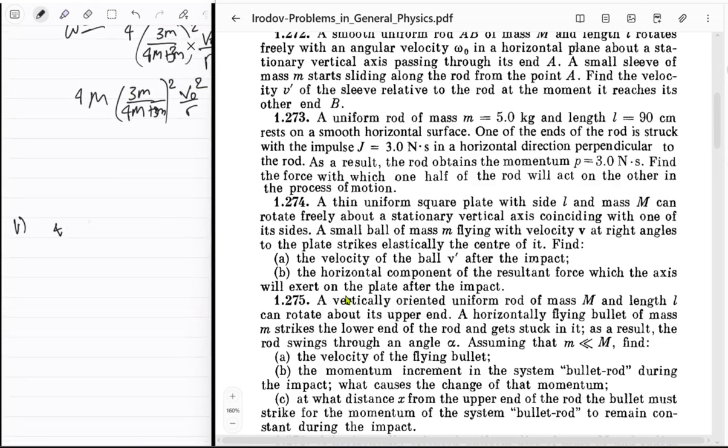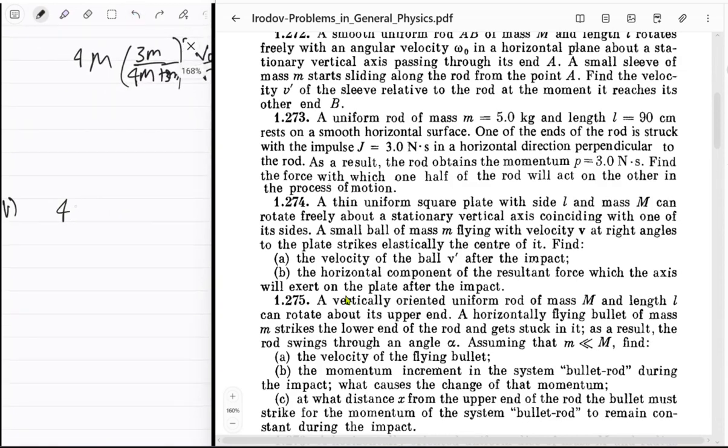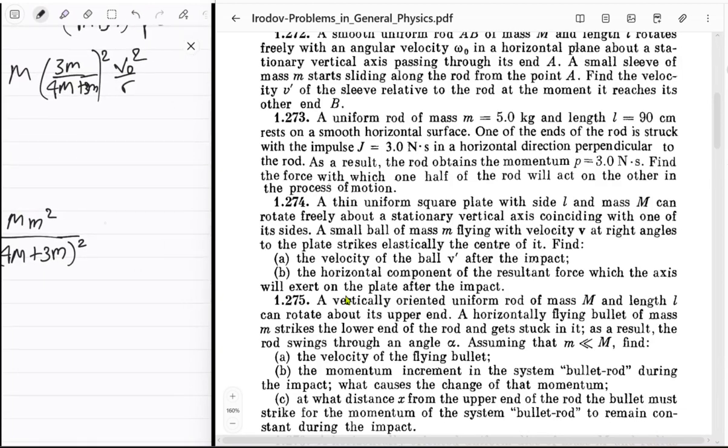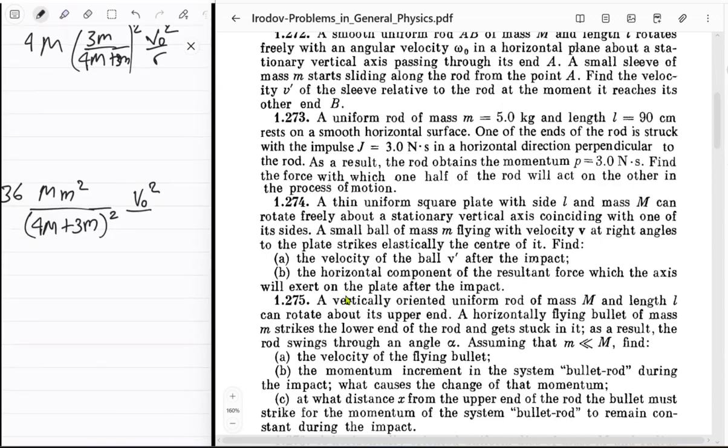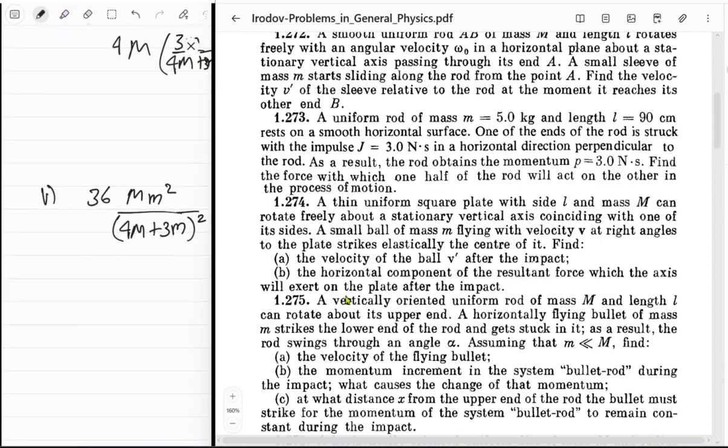So you got 4m. You know what, no, just write it the best way. And by the way, r is just L upon 2.